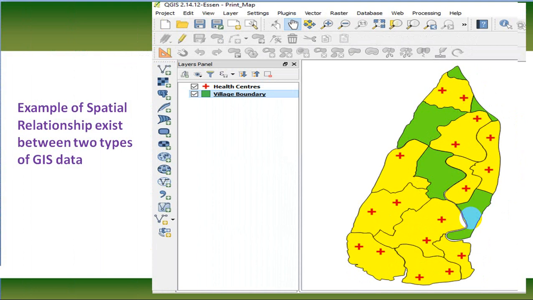All the villages that contain health centers, and all those green colored villages that do not contain any health center. So here, instead of providing lat-long, instead of providing any condition, based on the spatial relationship between the health center geographical data and the village geographical data, the GIS software finds out something for you. Find out something means villages that have health center facilities.